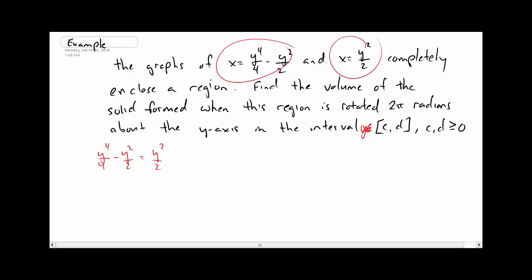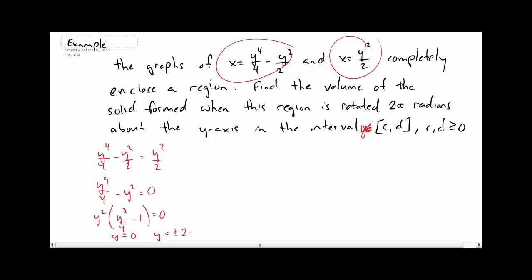And we can solve this equation. We're going to get y to the 4th over 4 minus y squared equals 0. Factor out y squared. We get y squared times (y squared over 4 minus 1) equals 0. y is equal to 0, or y is equal to plus or minus 2.